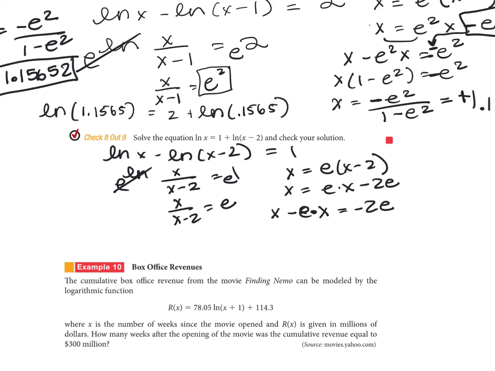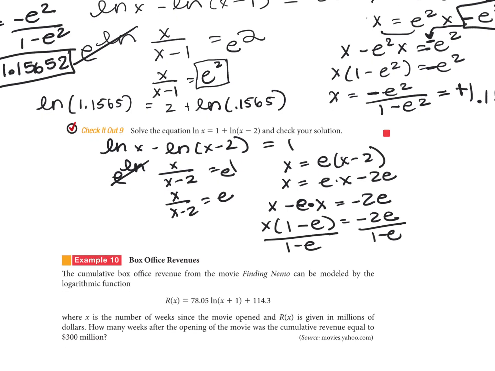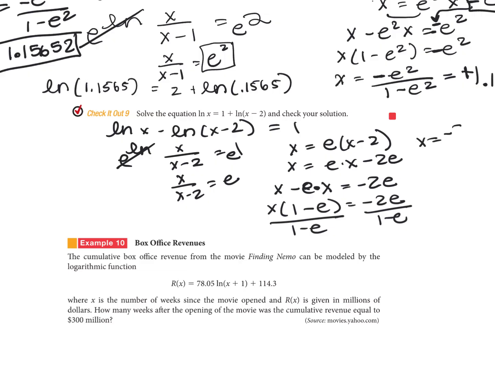Don't forget your negative there. Factor out an x. Divide by 1 minus e. And exactly x equals negative 2e over 1 minus e. And as a decimal, we have negative 2e divided by 1 minus e.